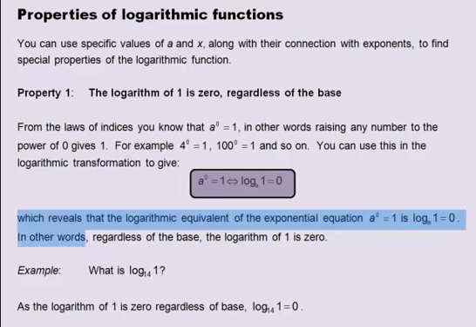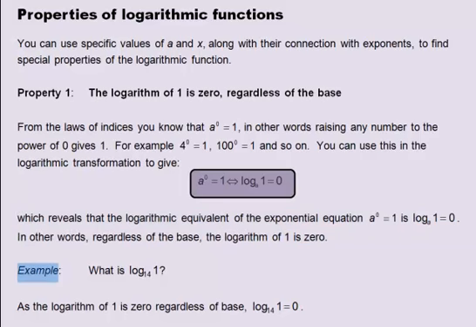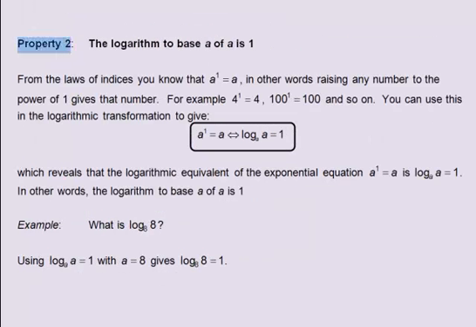In other words, regardless of the base, the logarithm of 1 is 0. Example, what is log to the base 14 of 1? As the logarithm of 1 is 0 regardless of base, log to the base 14 of 1 equals 0. Property 2. The logarithm to base a of a is 1.